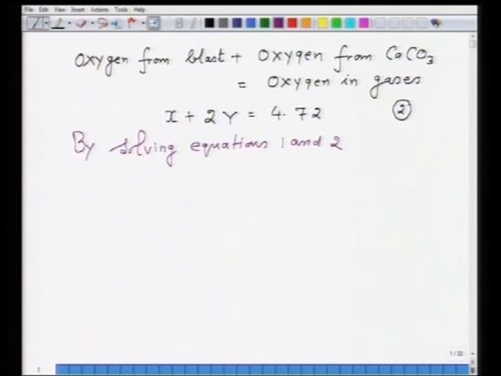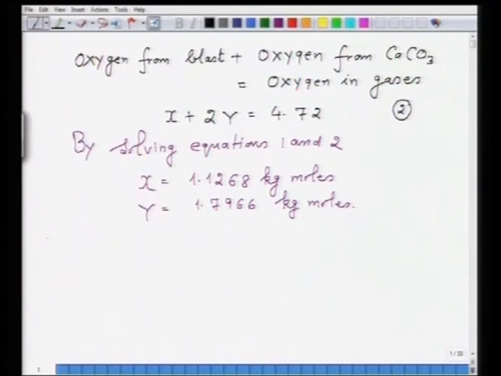By solving equations 1 and 2, we get x equal to 1.1268 kg moles, and y equal to 1.7966 kg moles.